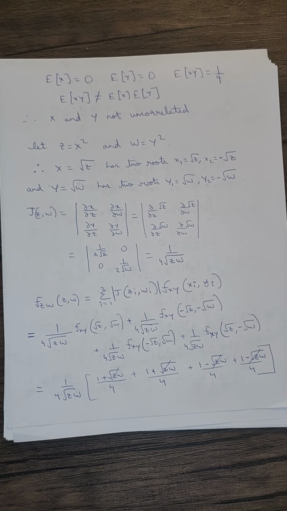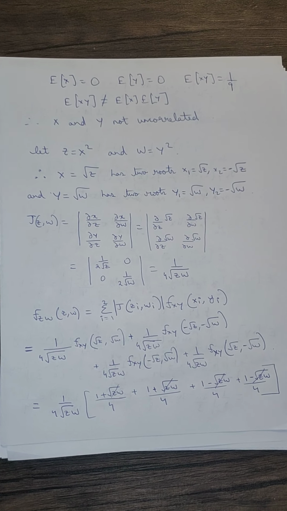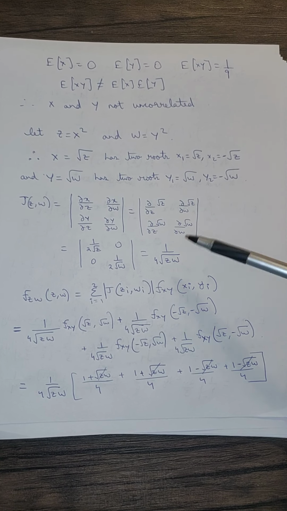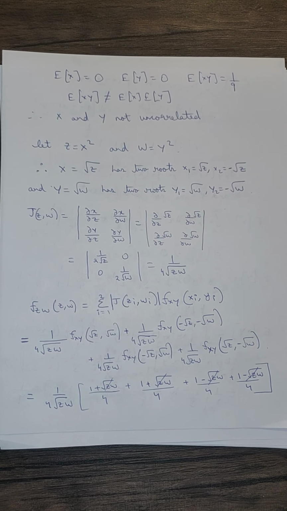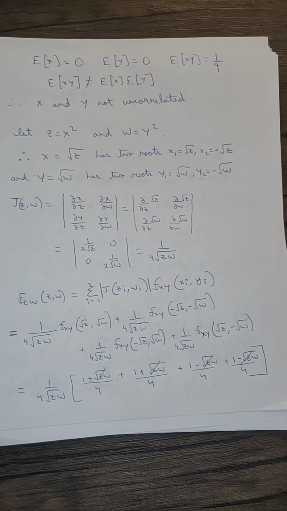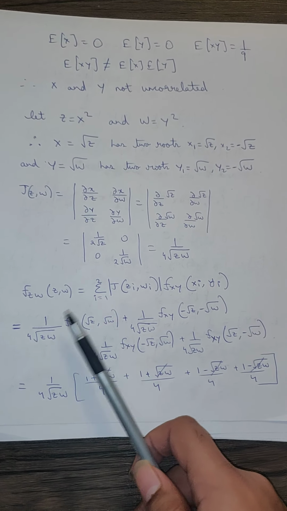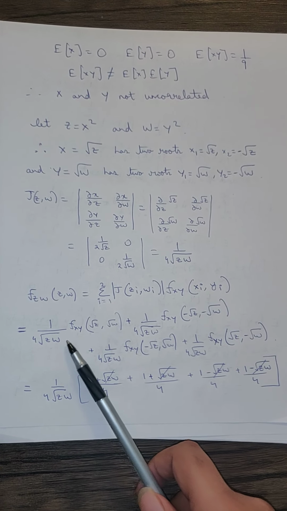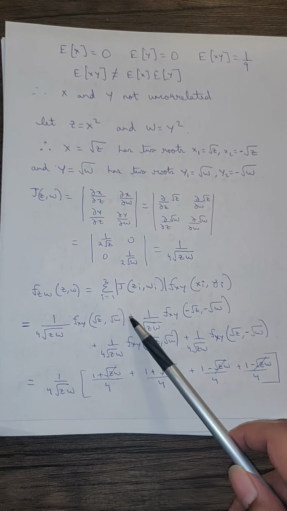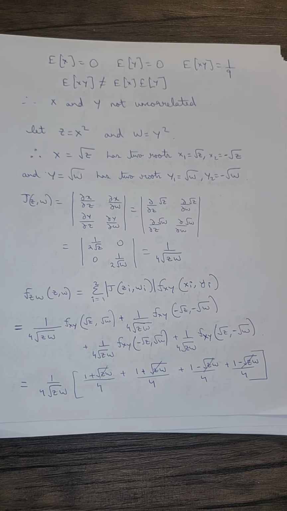So for each case the Jacobian is the same, which is 1 by 4 root zw, because we take the absolute value of the Jacobian. So we take this out as common: 1 by 4 root zw times the sum of these densities.